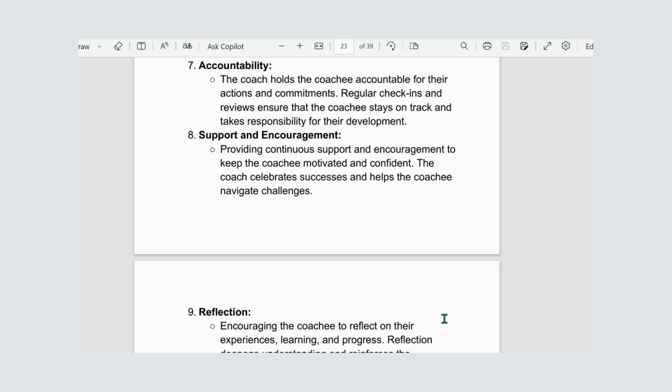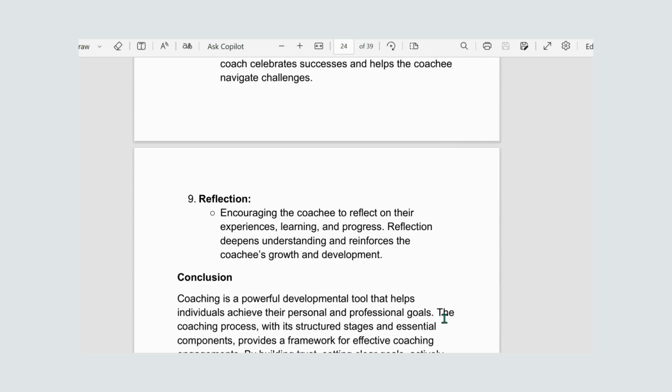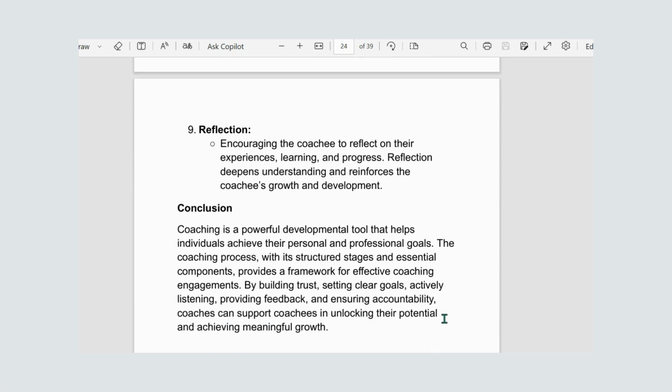Then comes reflection, by encouraging the coachee to reflect on their experiences, learning, and progress. So, in conclusion, we can say that coaching is a powerful development tool that helps individuals achieve their personal and professional goals. By building trust, setting clear goals, and so on, coaches can support coachees in unlocking their potential and achieving meaningful growth.